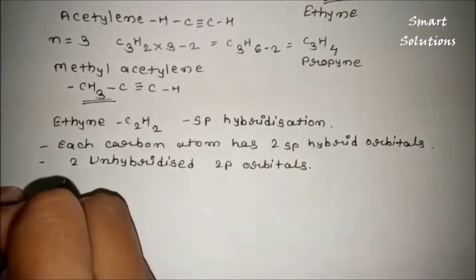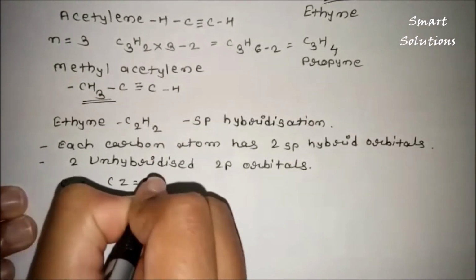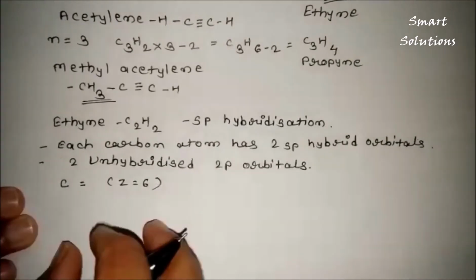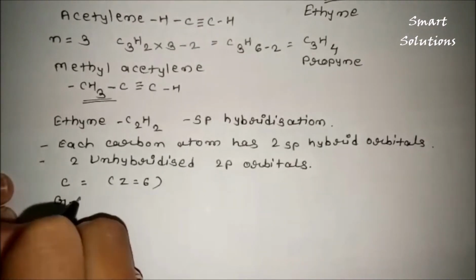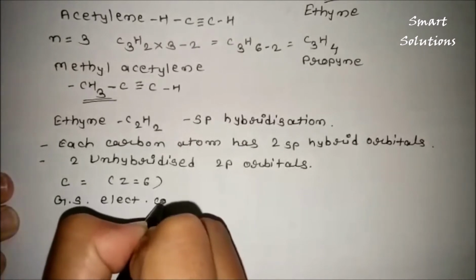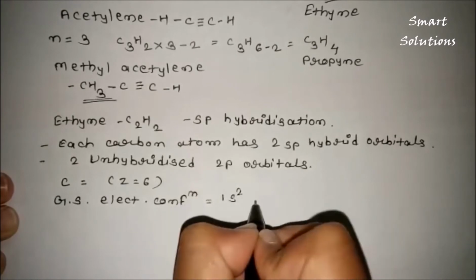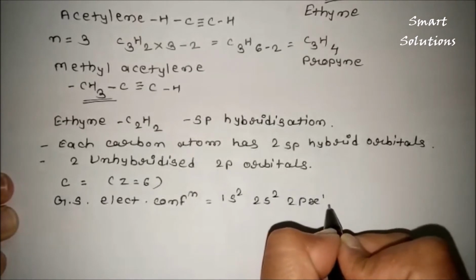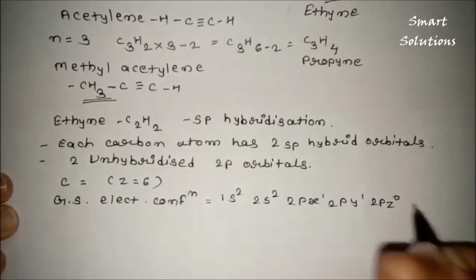What is the atomic number of carbon? Z is equal to 6. Then what is the ground state electronic configuration for carbon? It is 1s2, 2s2, 2px1, 2py1 and 2pz0.